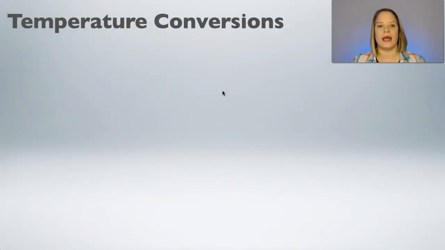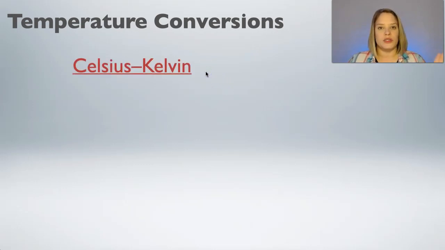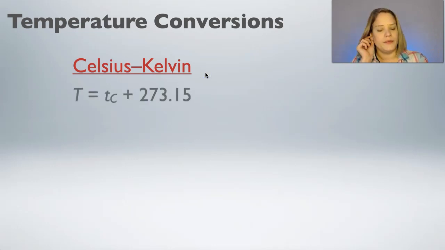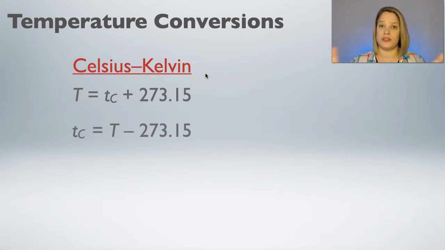So let's look at the math problems here. You need to know how to convert between any of these three temperature scales. We are going to include Fahrenheit since that's a common one for our country. I'm going to give you 4 formulas total. You really only need to memorize 2. One from each column. So you can either memorize this formula or this formula. You don't have to memorize both.